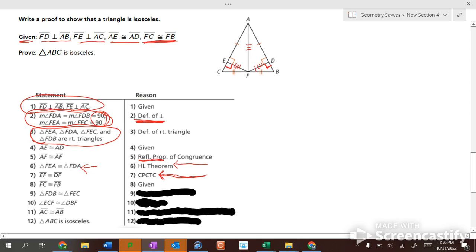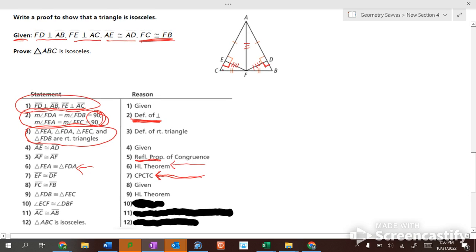And now I have a right triangle here, a right triangle here. I know the hypotenuse of each. I know a leg of each. So again, it's hypotenuse leg. And then once I know that, I can say this angle here is congruent to this angle here. Those two angles are CPCTC, corresponding parts of congruent triangles that are congruent.